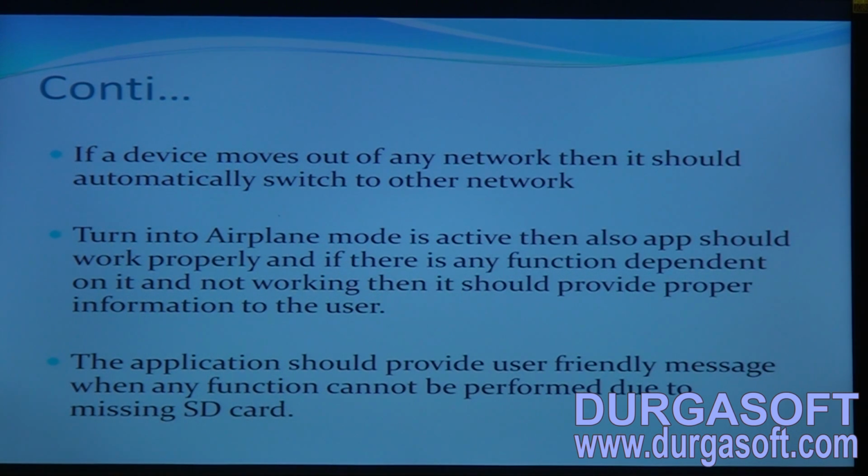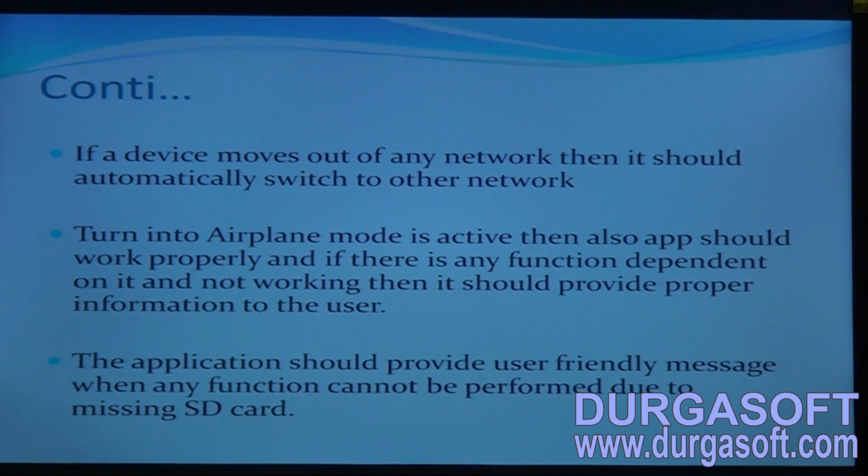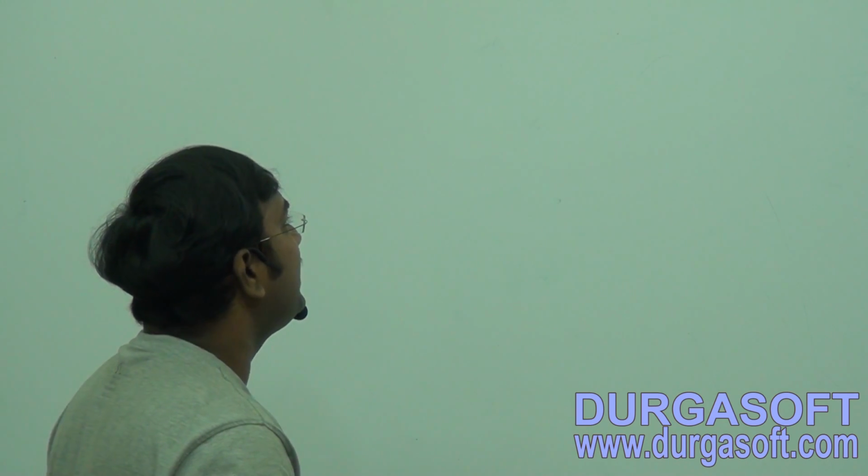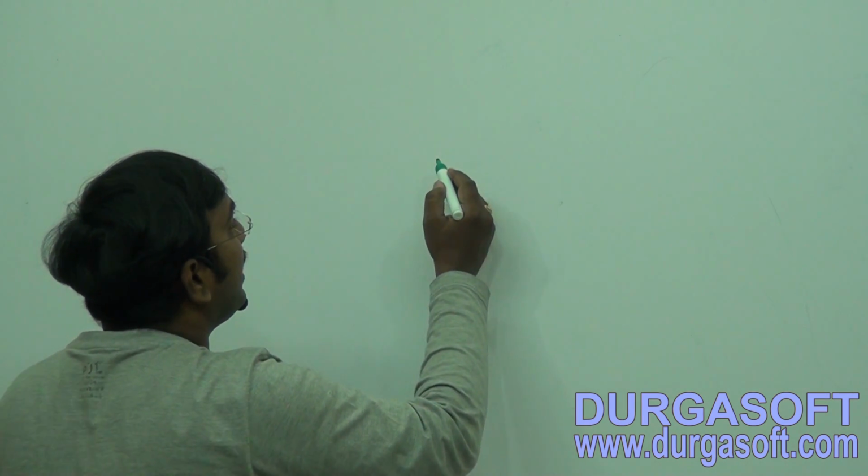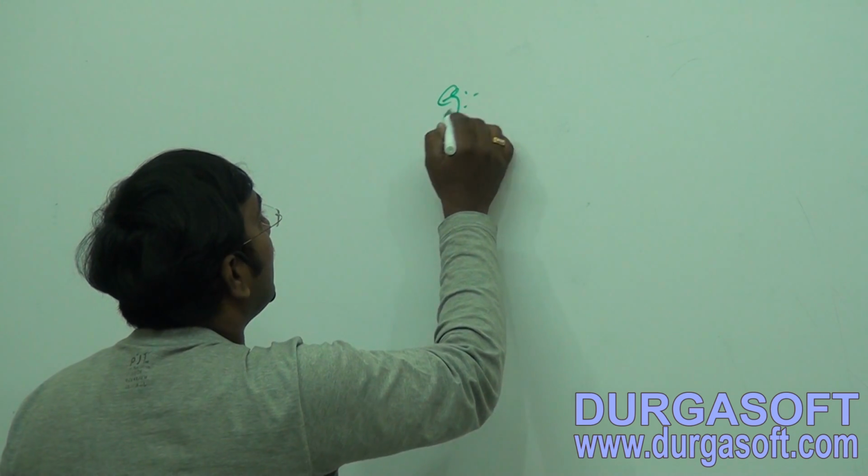See, the application should provide a user friendly message. If you install an application on your mobile, maybe your SD card has very little space left. Let's take an example.